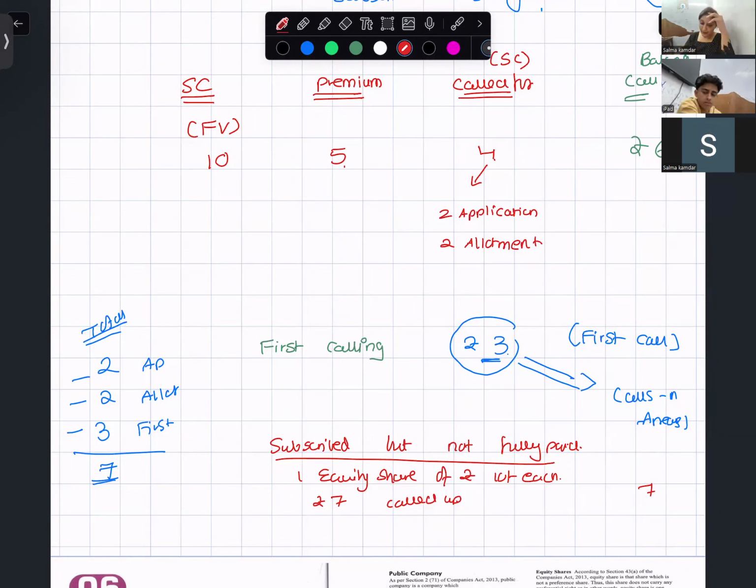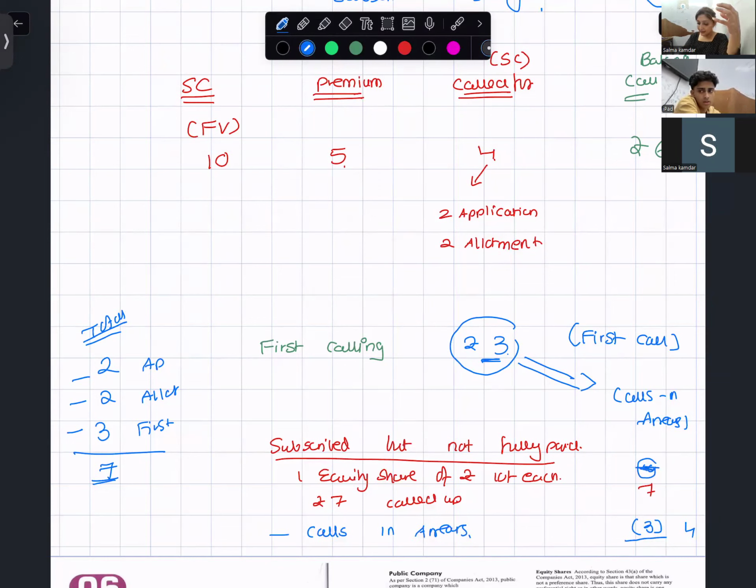But I have not received, right? So I will say minus calls in arrears. What is calls in arrears? People have not paid me 3 rupees. So what will come outside is how much? 4.